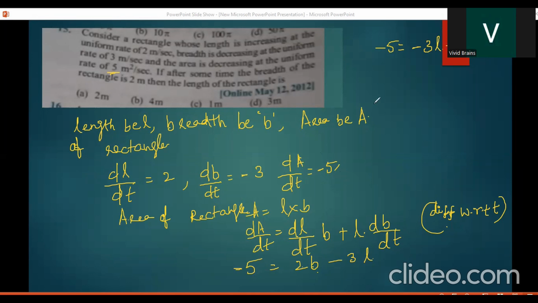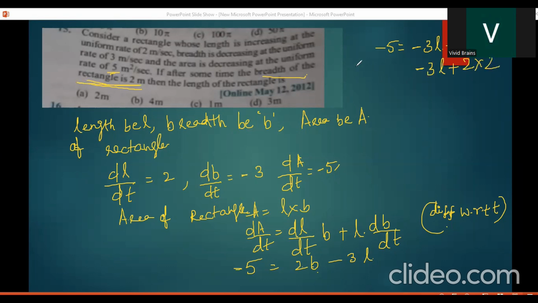Okay? What did they ask in the question? Observe further. If after some time the breadth of the rectangle is 2 meters, what will be the length? Now when you keep breadth as 2 meters, minus 3L plus 2 into breadth.